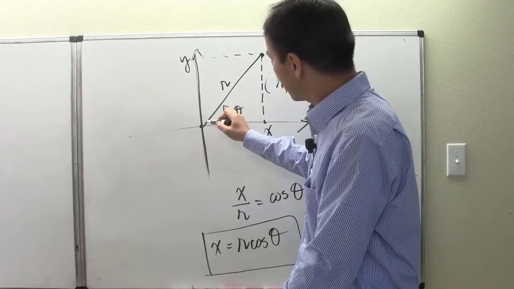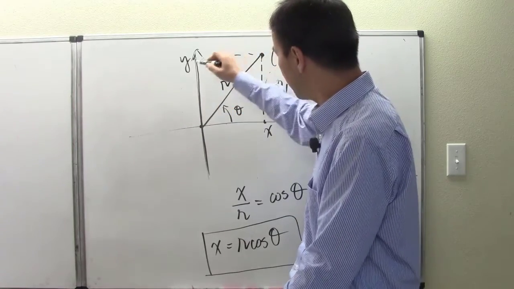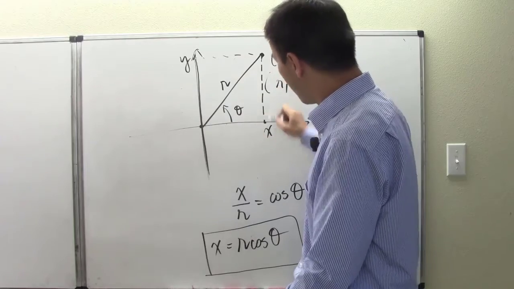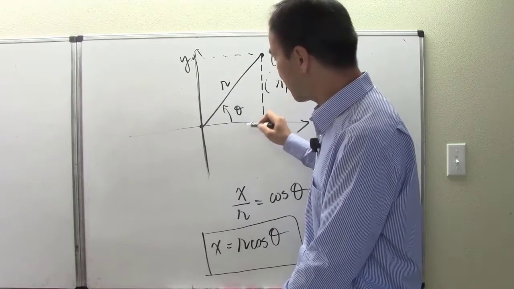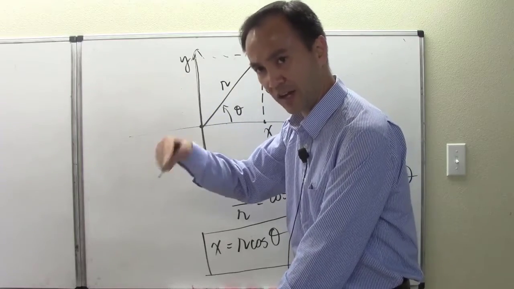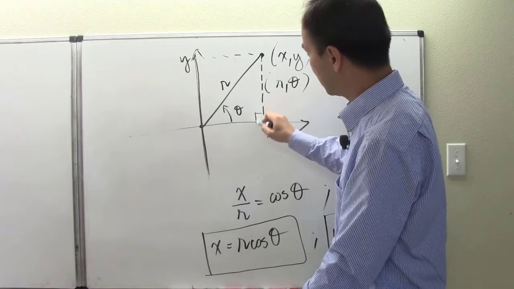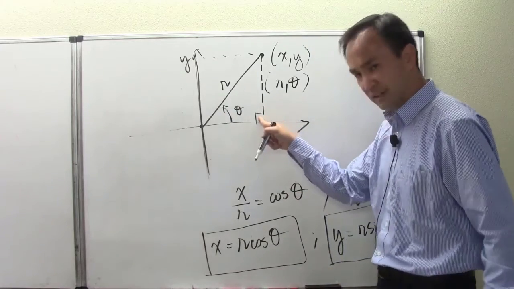But the radius itself, anytime we draw down the x coordinate and y coordinate in the rectangular coordinate system, is always acting as the hypotenuse of a right triangle. So the right triangle right here, the 90-degree angle is right here.